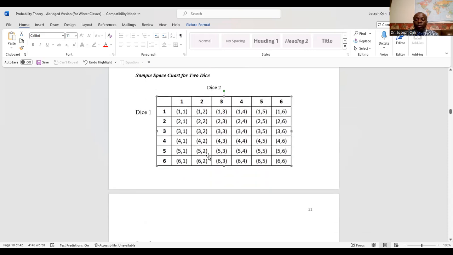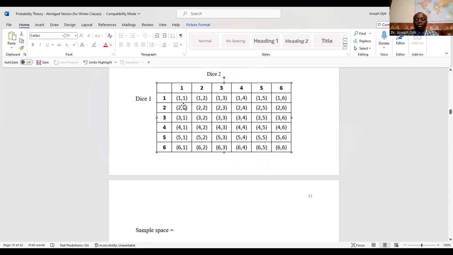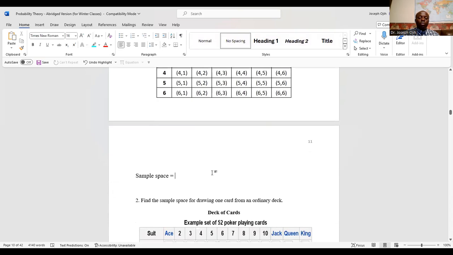So when we count them, how many of them? 1, 2, 3, up to 36. So the sample space for 2 dice is 36 possible outcomes.